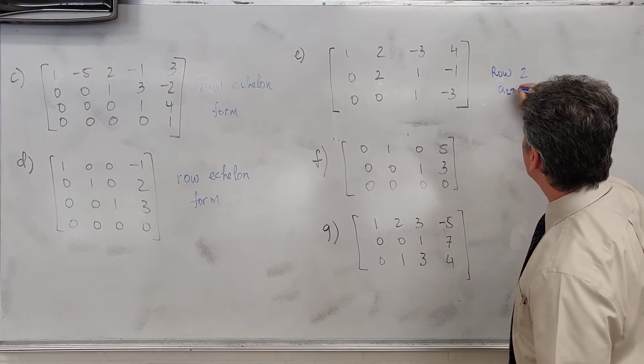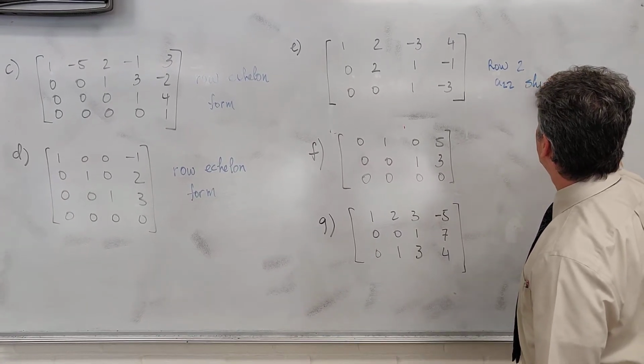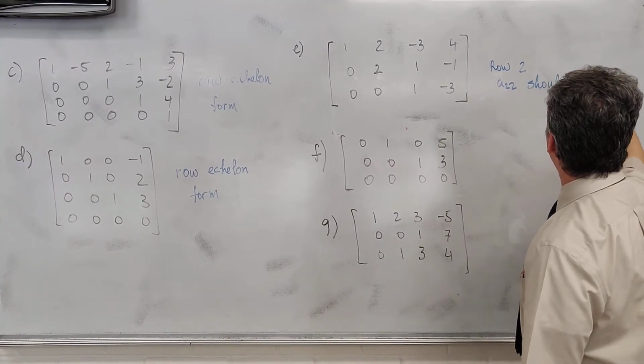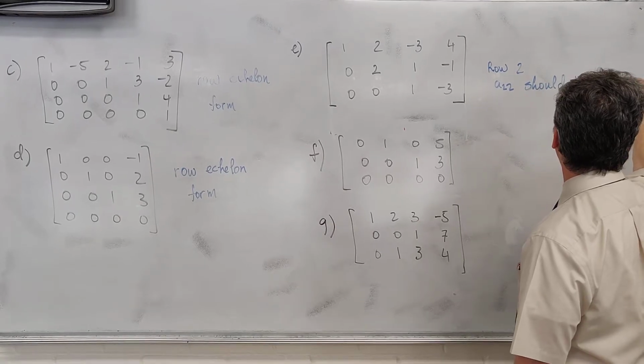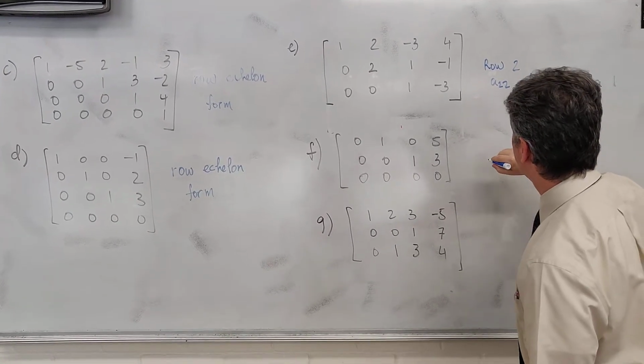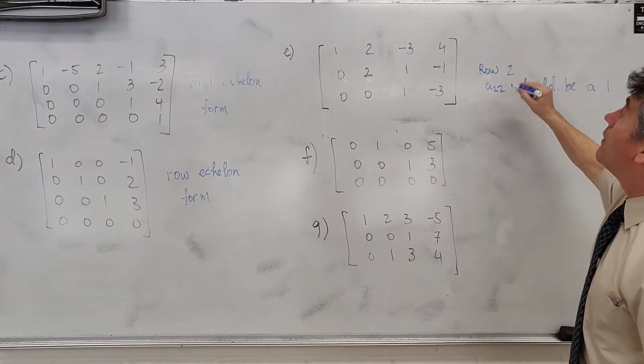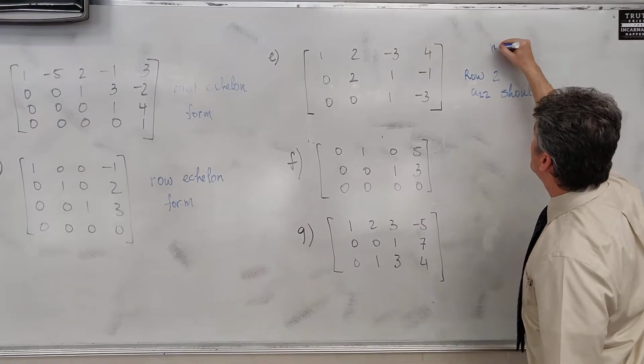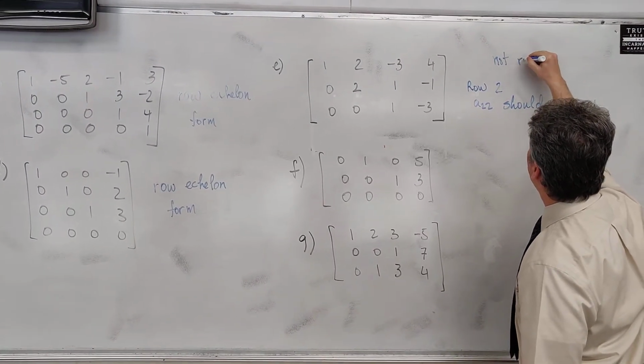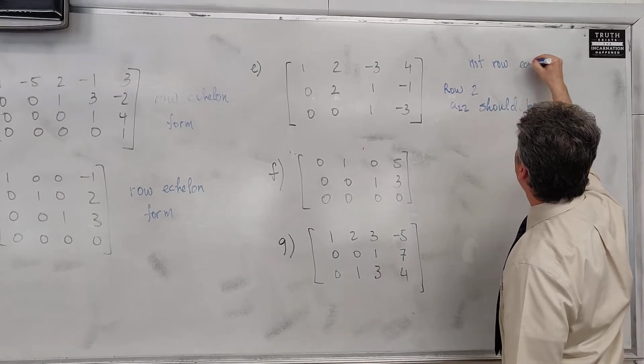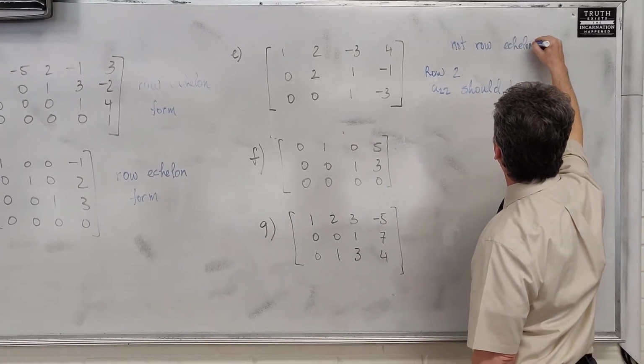So A22 should be a 1. So not row echelon form.